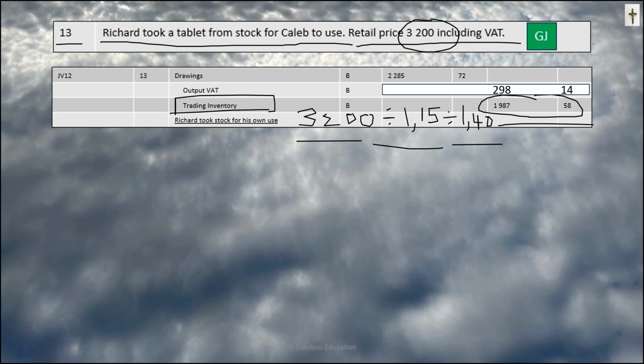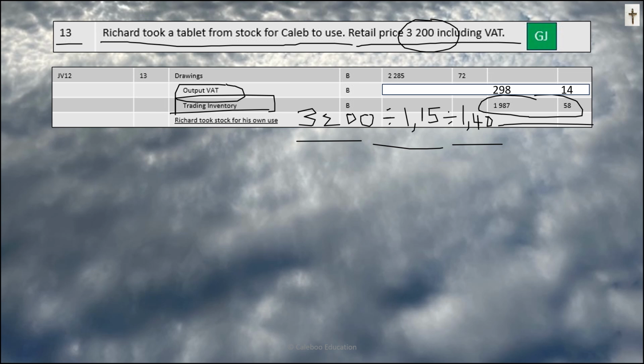The owner is taking the tablet for his son's use. I cannot claim input VAT on an item that is not being used for the business. So the input VAT that was originally claimed when the stock was purchased needs to be reversed.